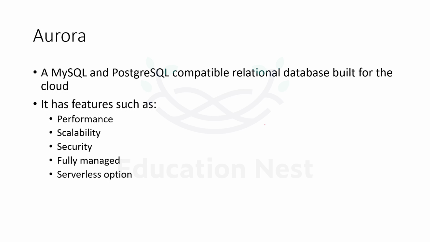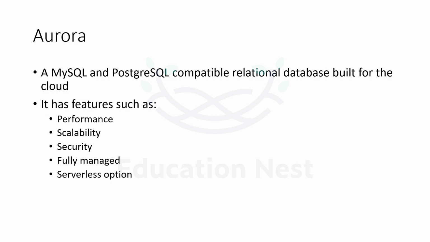So what are the features of Aurora? High performance, scalability, security, fully managed, and we also have the serverless option. Why would we choose Aurora? It is designed to deliver high performance, scalability, and availability while reducing the cost and complexity of traditional databases.